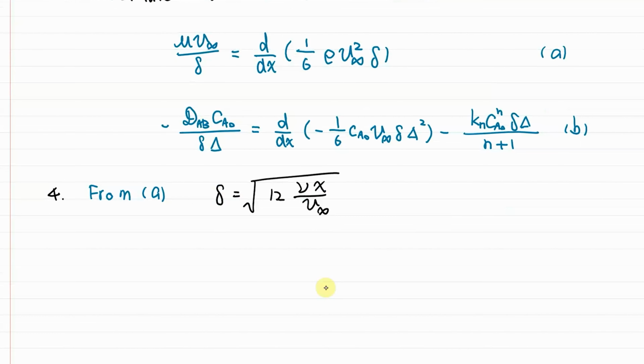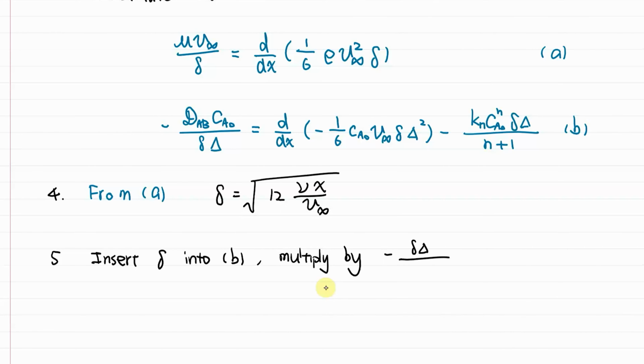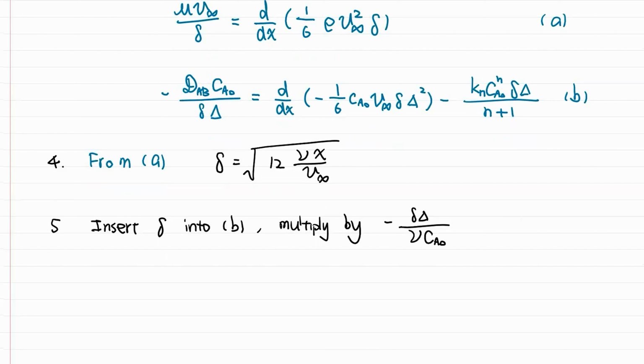So step 5 would be inserting the velocity boundary layer into equation B and multiplying by negative capital delta over kinematic viscosity times Ca naught. Then we get the following.